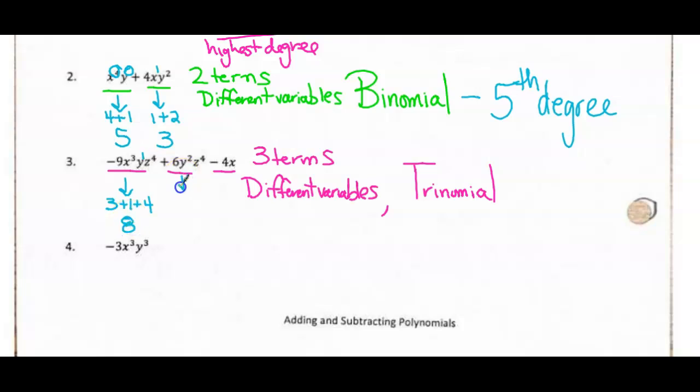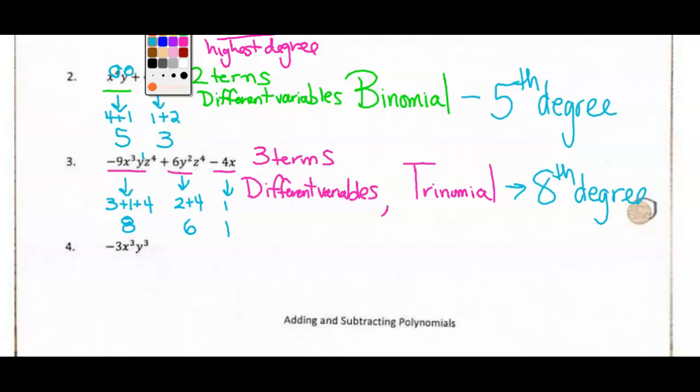When I go to the next term, there's a 2, there's a 4, this is 6. And the last term, remember when there's a variable by itself, is just a 1. Now at this point, you do not add those together. You just pick the highest degree, and the highest degree here is the 8th degree. Multiple variables, you have to do that.